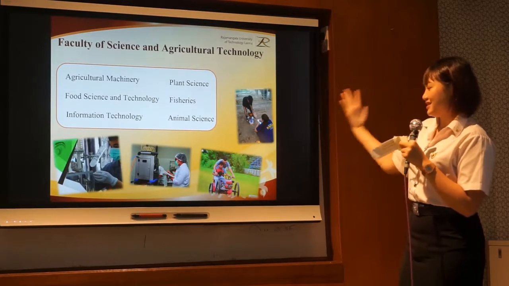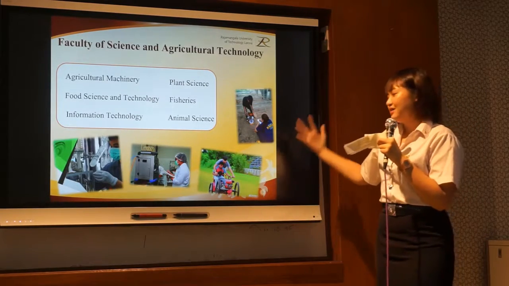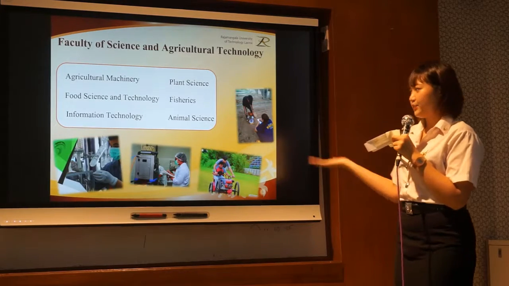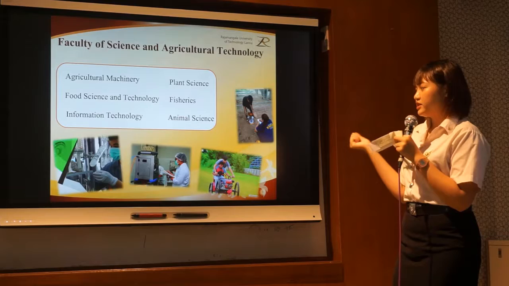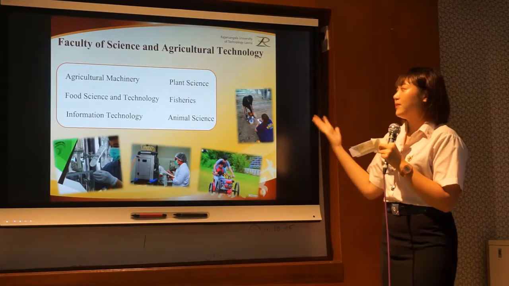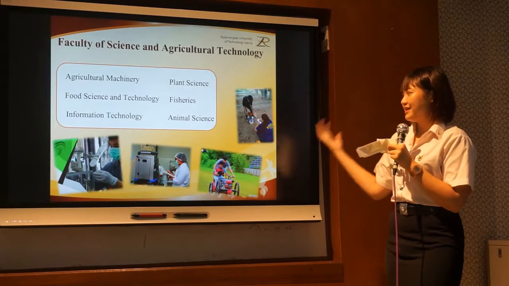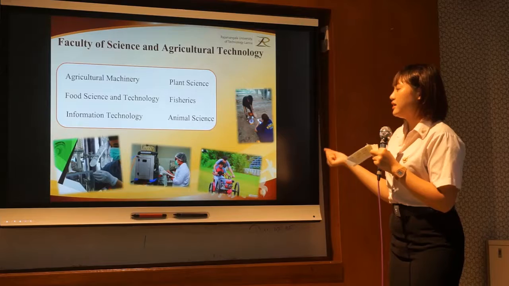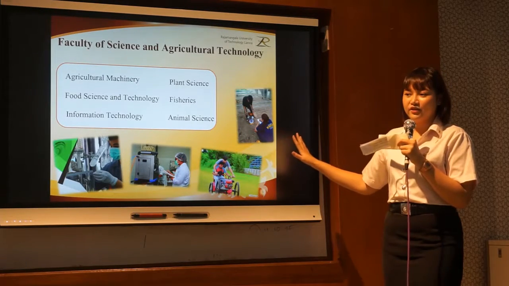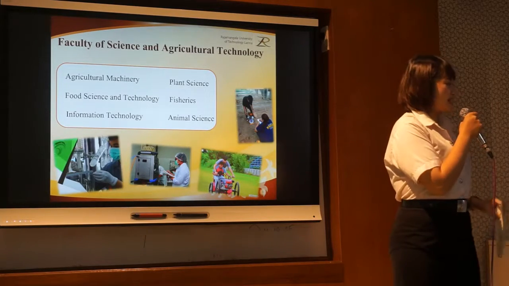This is the photo of this faculty. Second, food and technology. Third, information technology. Fourth, and science. And next is fishery, and the last one is animal science, like the photo. Let's move to the next slide.